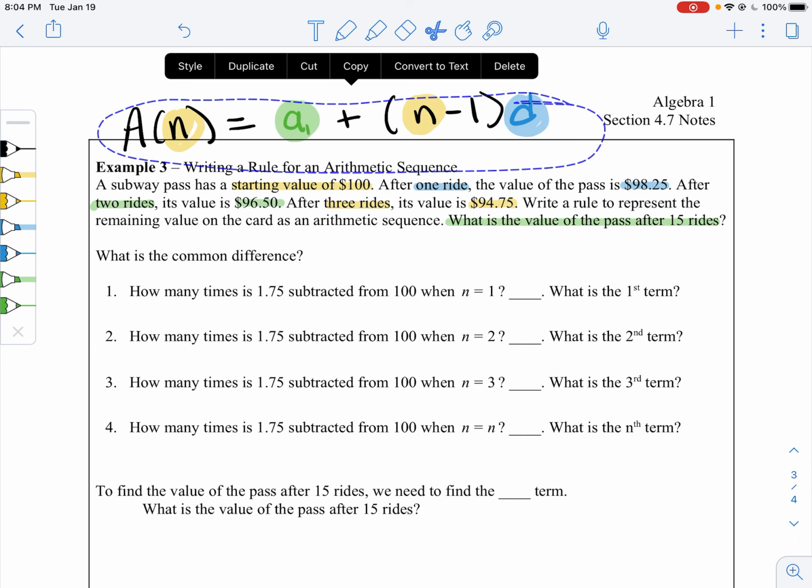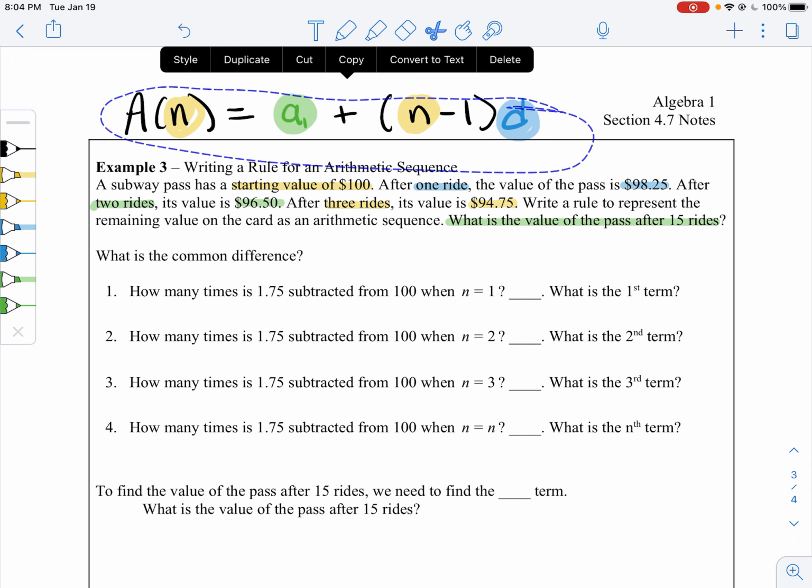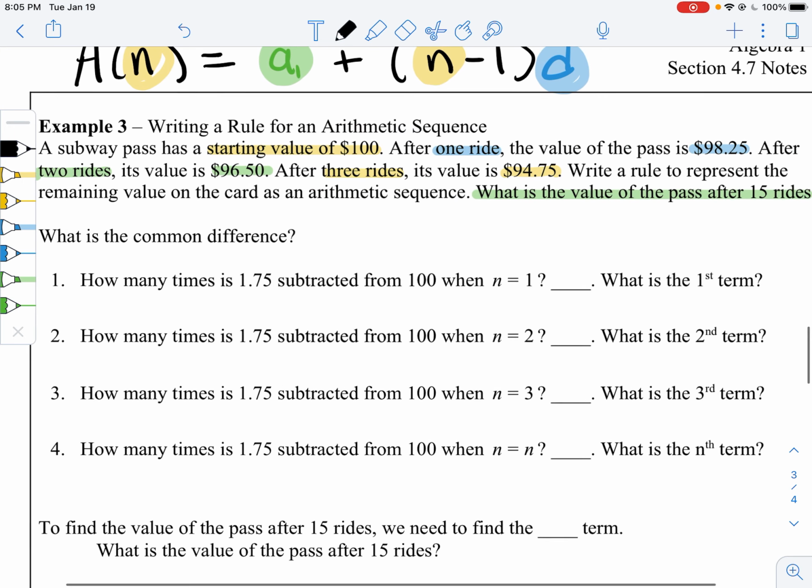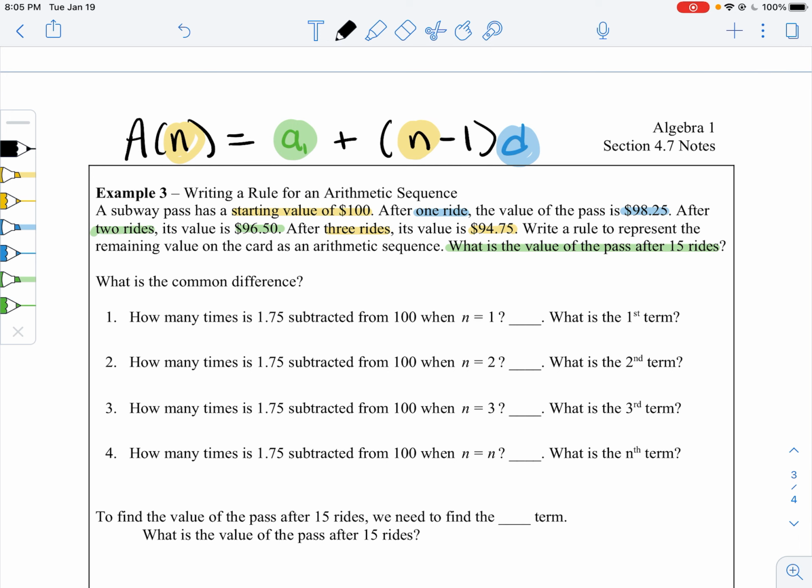Okay. Well, what's the common difference? Notice that when we start out with 100, when we have our first term, we haven't subtracted anything yet. So we have subtracted 0 things. What is our first term of the sequence? It's 100. We start out with 100.